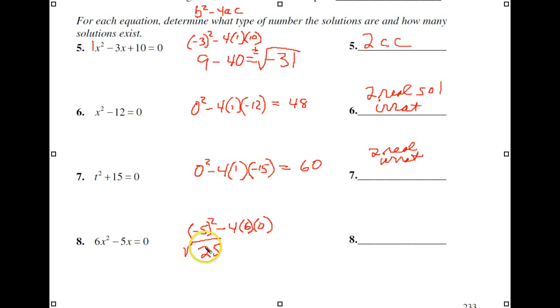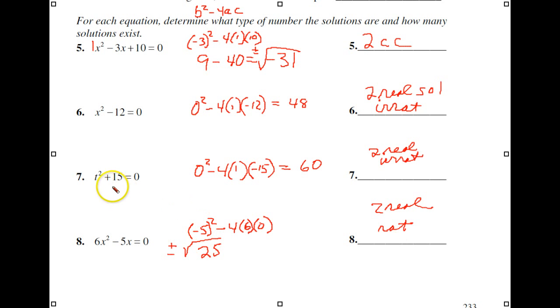So we just have as our answer the square root of 25. So that's a perfect square. So here we're going to get two real solutions, but they're going to be rational. And those are the first 4 examples.